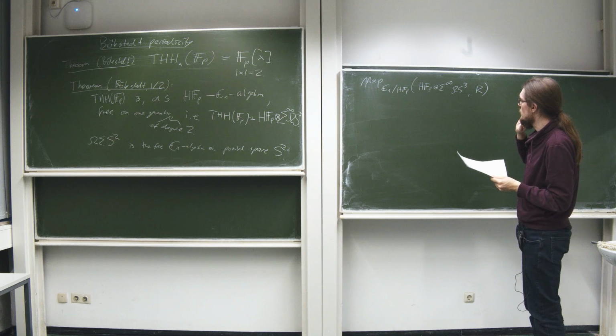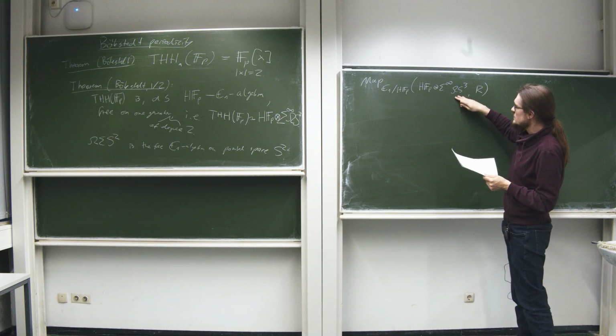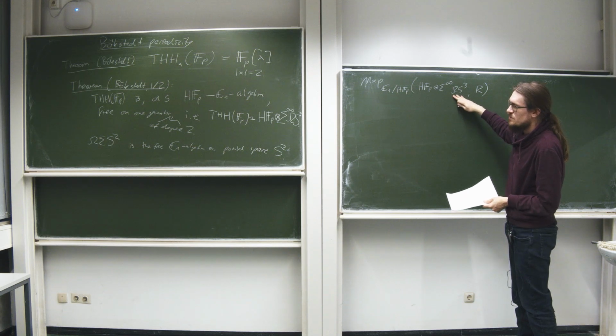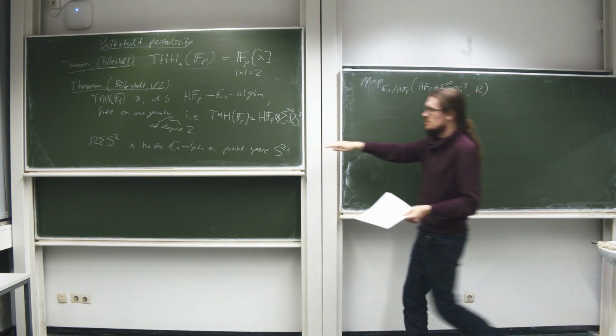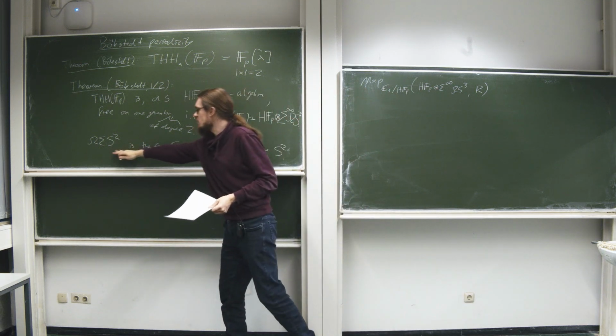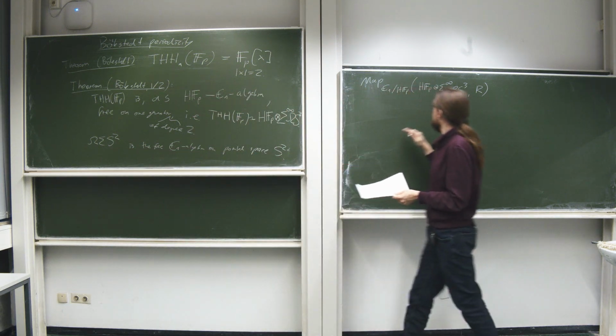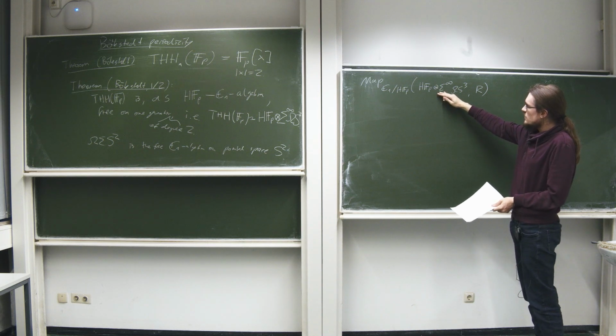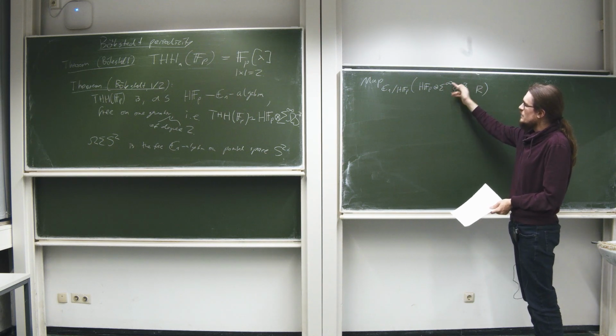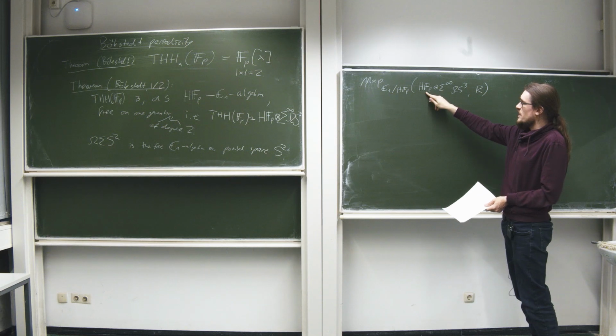So first of all, let me say that this expression that we get by applying a certain functor to this E1 algebra in spaces. And what is that functor? Well, it's taking sigma infinity and then it tensors with HFp.